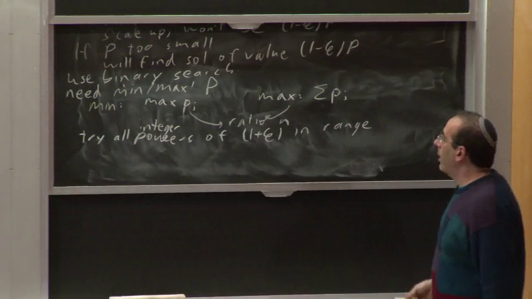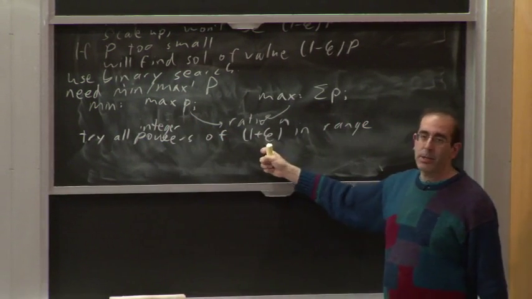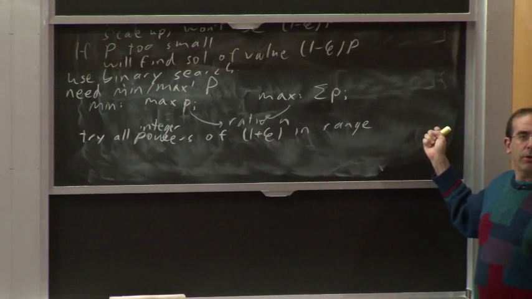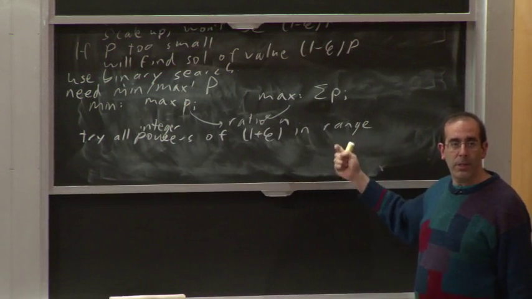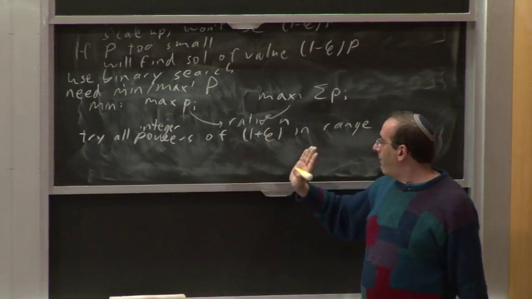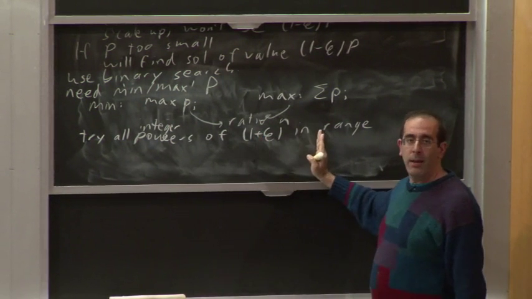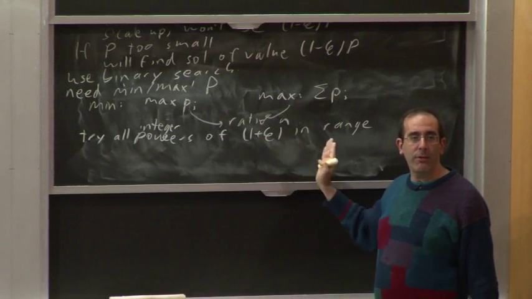So if this is 1, then I'll look at 1 plus epsilon, 1 plus epsilon squared, 1 plus epsilon cubed, and so on. Now, the nice thing about these powers of 1 plus epsilon is that if I succeed with one of them, and the next one is too big, then I know that I'm within a 1 plus epsilon factor of the optimum solution.